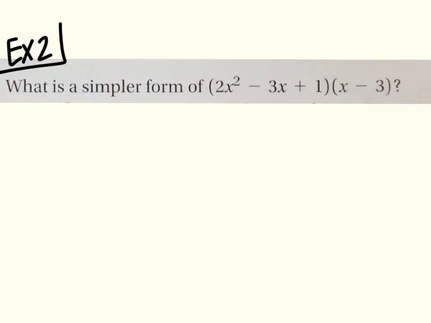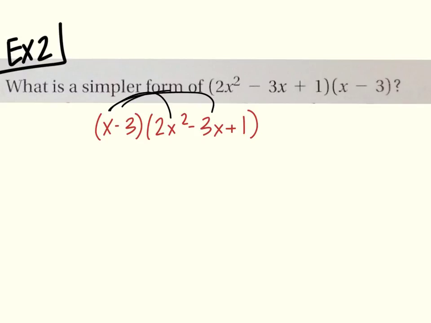Alright, let me do another example for you. Again, we want to rewrite it so that it's in the order we need it to be in. So we're going to write this x minus 3 times 2x squared minus 3x plus 1, and we're going to distribute the x to everything.